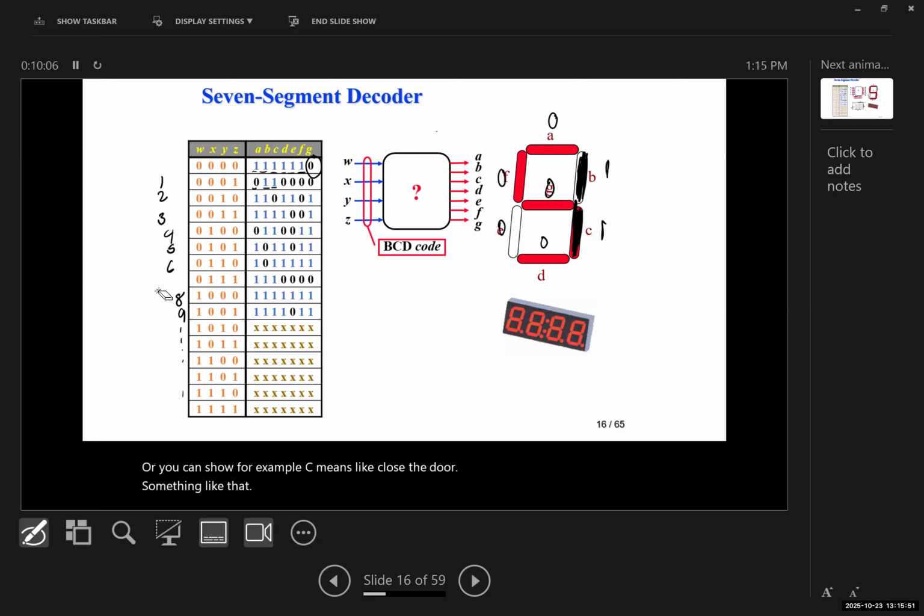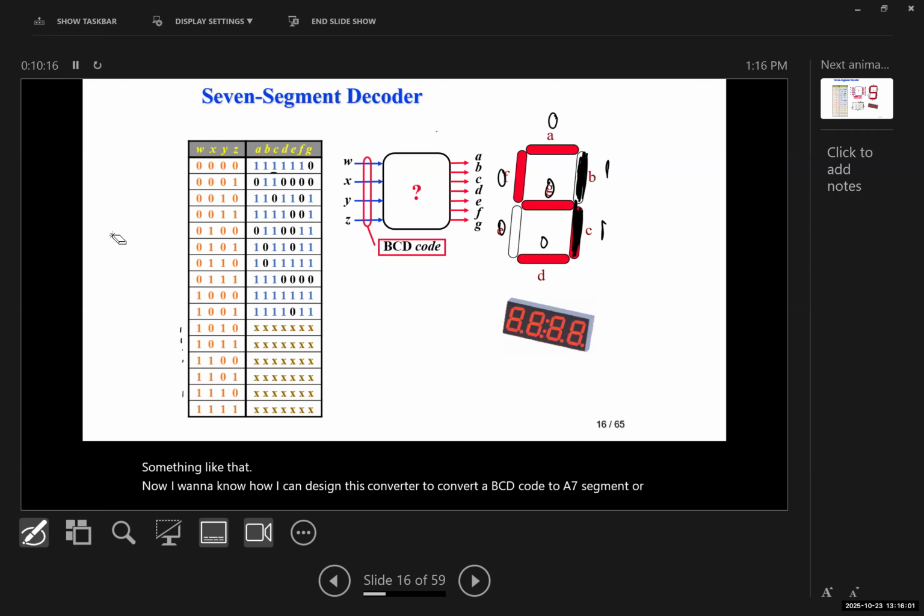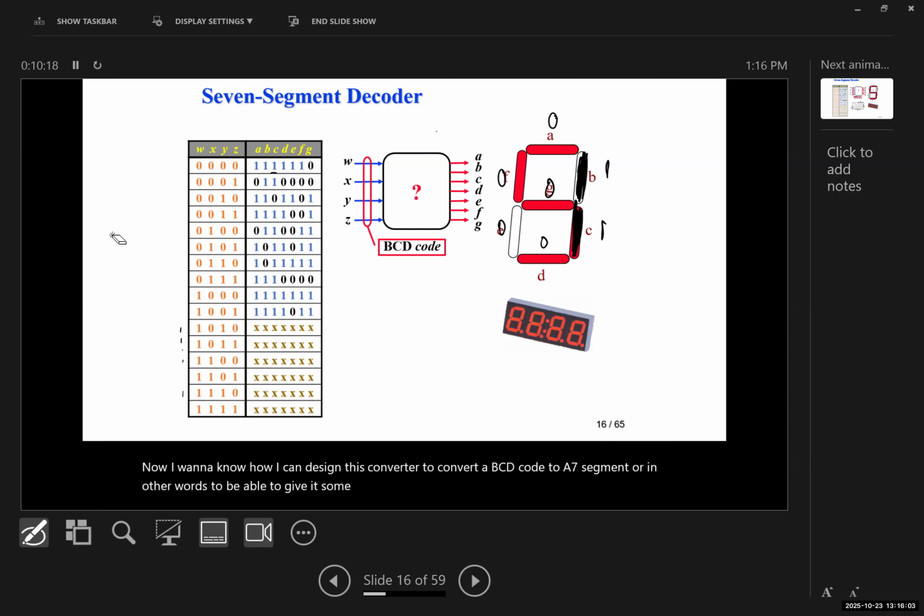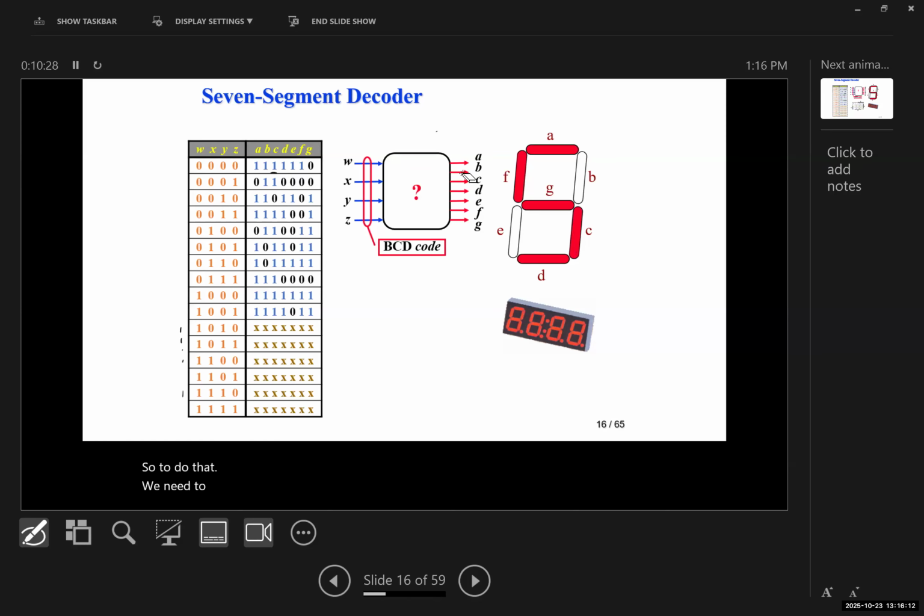Now, I want to know how I can design this converter to convert a BCD code to a 7 segment, or in other words, to be able to give it some numbers and display that number on a 7 segment. To do that, we need to have 7 different K-maps. We can use the same system that we had before.